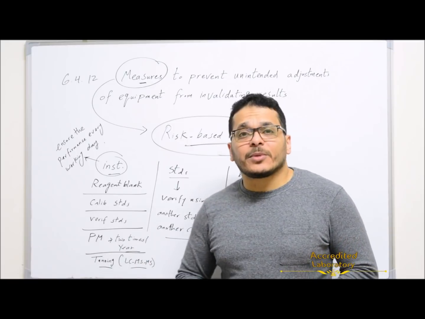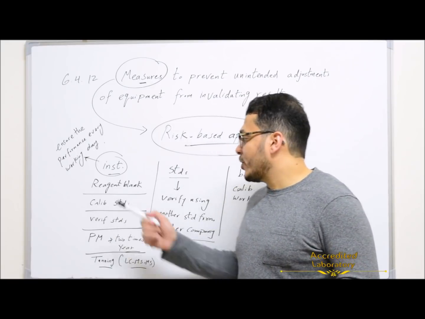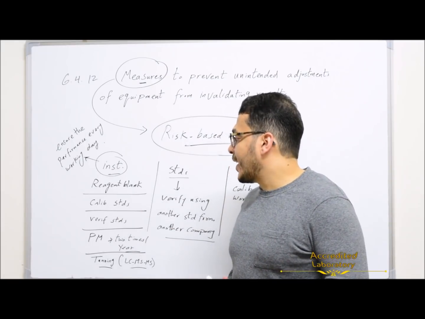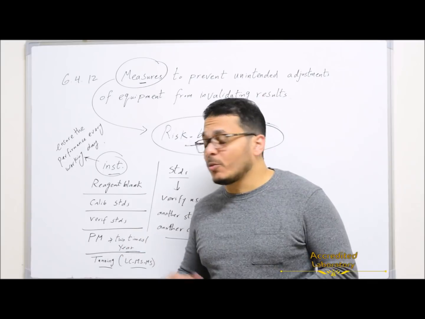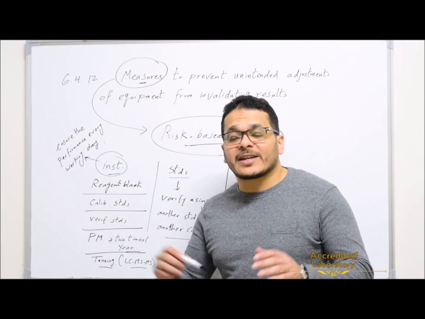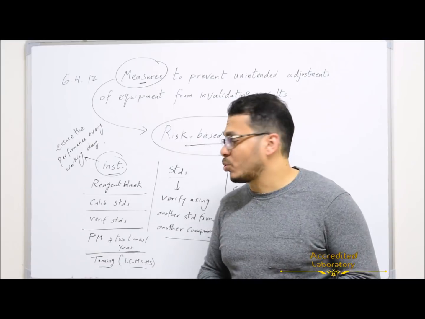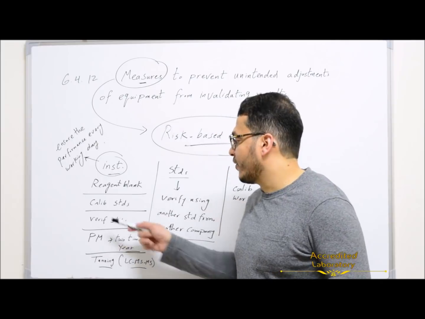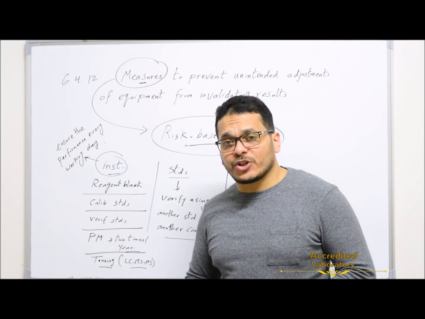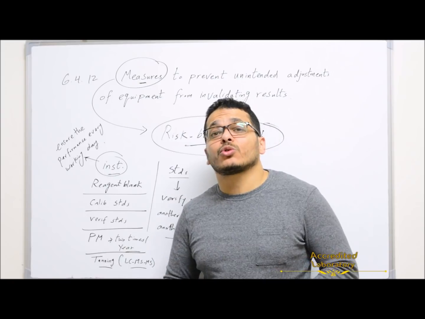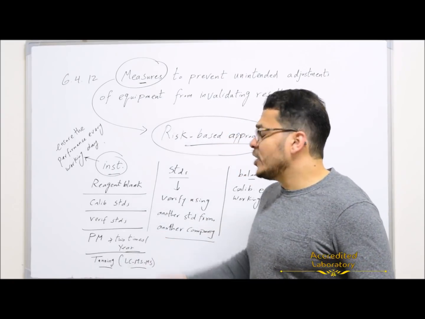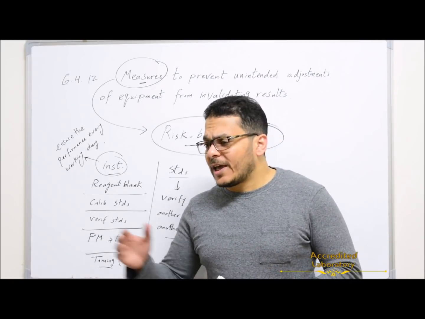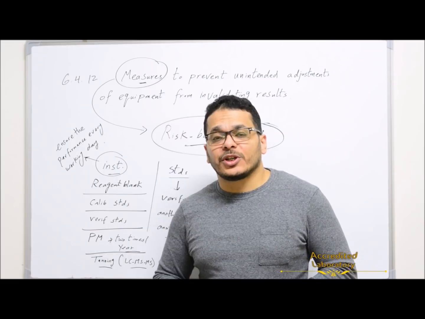And then you will run calibration standards, and this calibration should have a slope of the calibration curve of more than 0.995 so it will be accepted. So there are some criteria here also. After some samples, as an example 10 samples as we said before, you will run a verification standard to verify your calibration and also to ensure that there is no cross-contamination from the instrument. Then you also have PM, maintenance for your instrument, as an example 2 times per year.